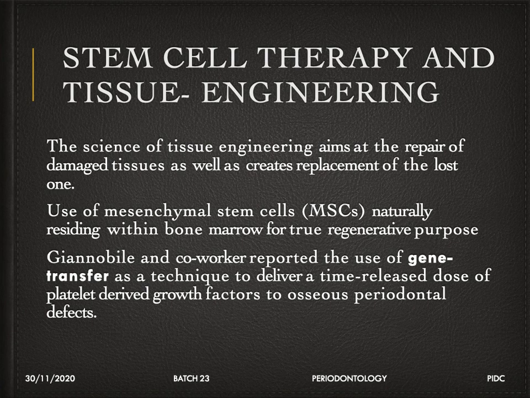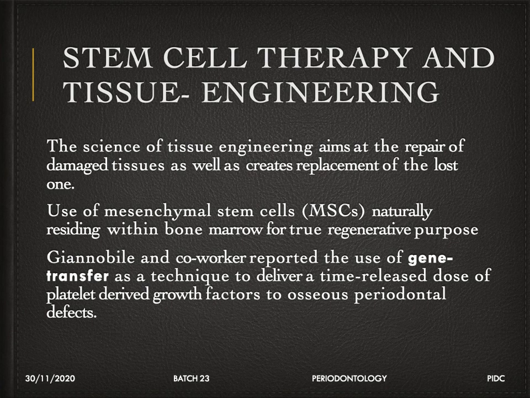You can use mesenchymal stem cells, but the problem is again we need proteins for these mesenchymal stem cells to convert them into the required cell that we want for that site. For example, if you want to grow bone, you need platelet derived growth factor, you need bone morphogenetic protein at different time intervals along with this mesenchymal stem cell to convert into an osteoblast.